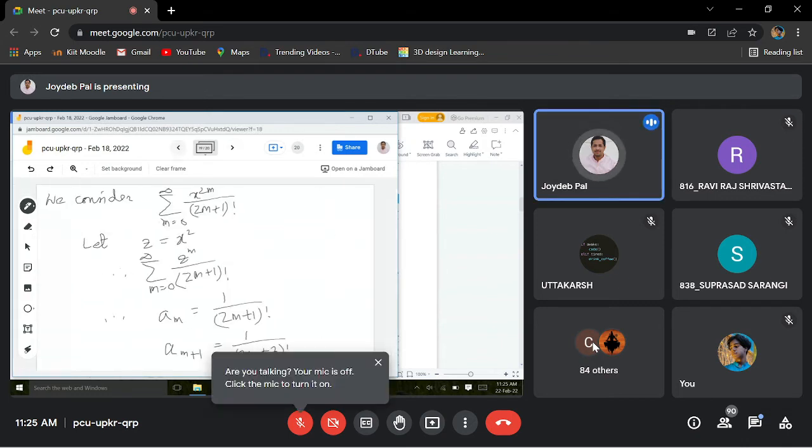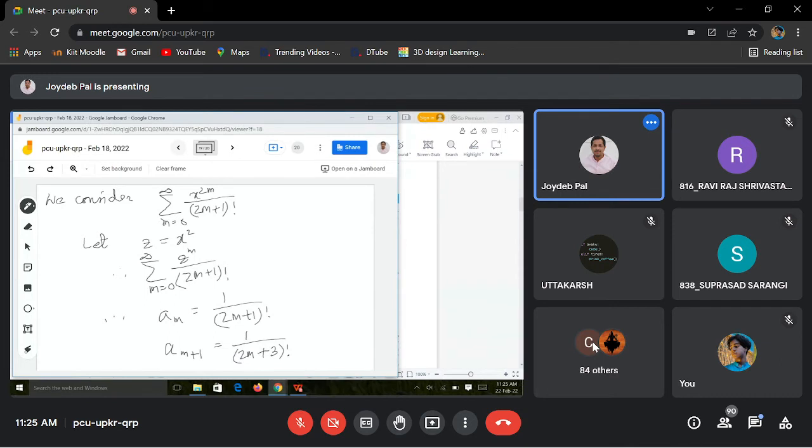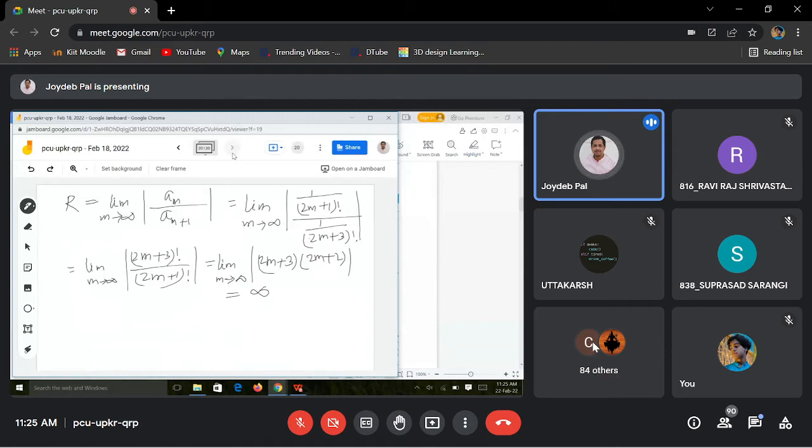Actually, that is the series for cos x. So you put any value of x, cos of that value will be the value of the summation. If this is understood, fine; otherwise ignore it.